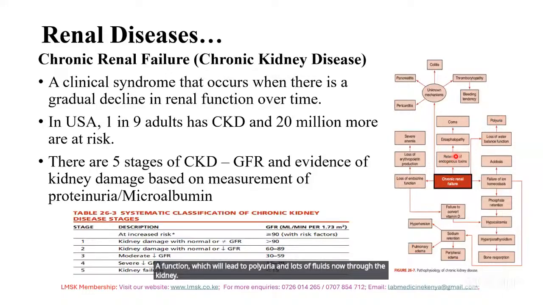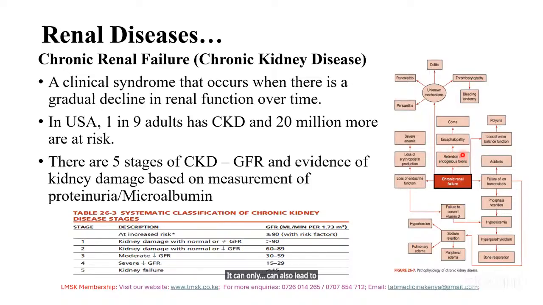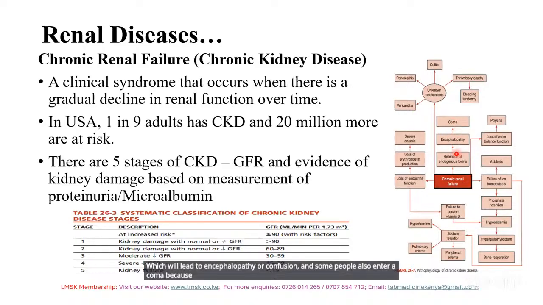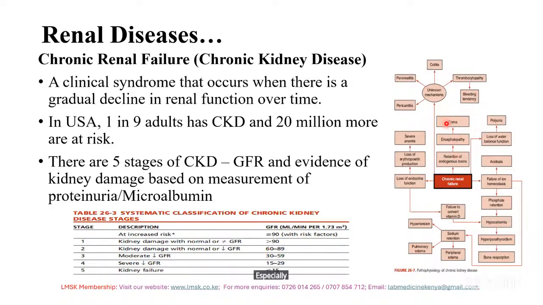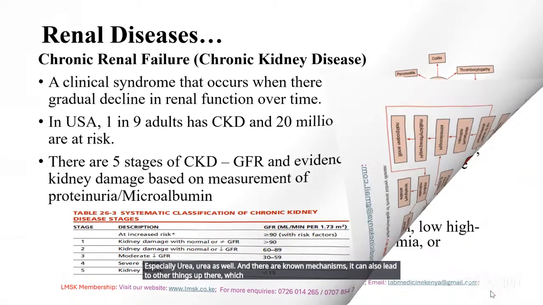It can also lead to retention of toxins here, which will lead to encephalopathy or confusion, and some people also enter coma because of high concentration of waste products in their bodies, especially urea as well. And via other mechanisms, it can also lead to other things up there, which you guys may be able to look at later.